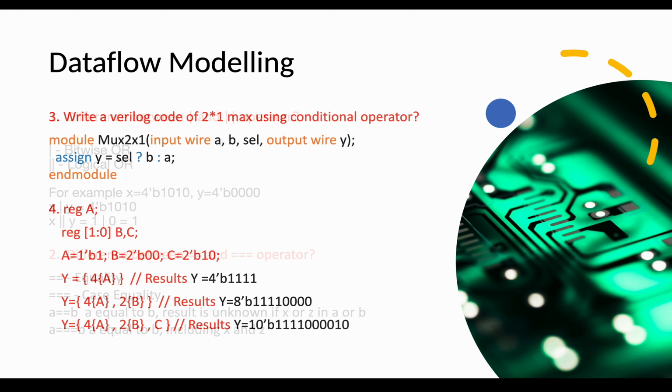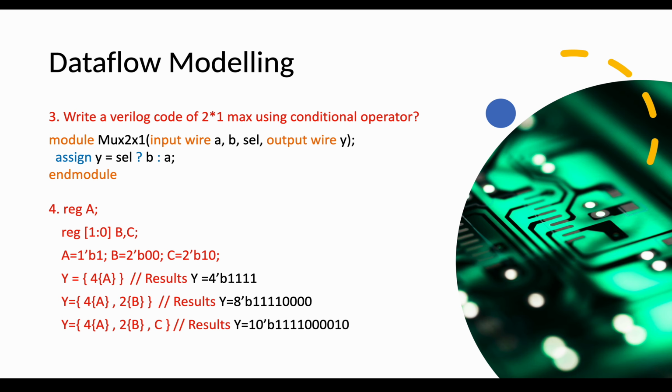Moving on, the third question is write a Verilog code of 2 cross 1 mux using conditional operator. We are using the module name as mux 2 cross 1. If we are representing wire, it will treat it as wire. Otherwise, if we are not representing wire, by default it will treat it as a wire only.